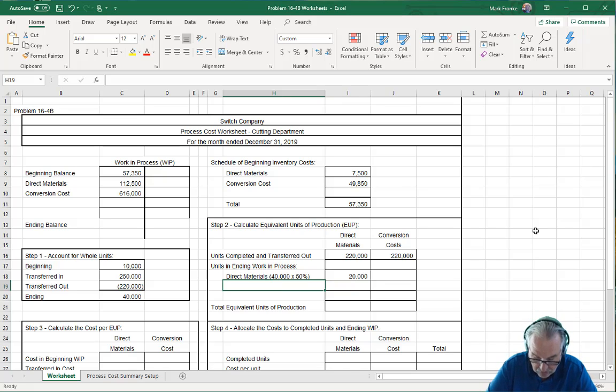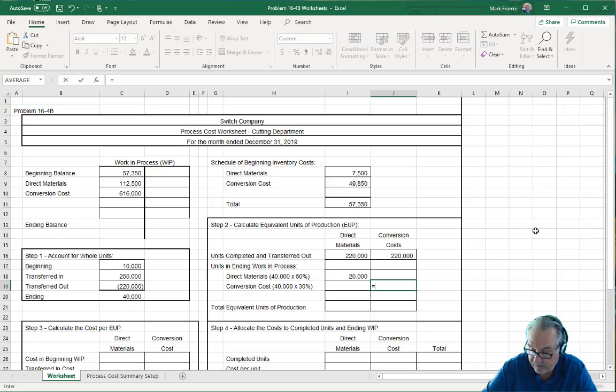With regard to conversion cost, this was 30% complete. So if we take the 40,000 times 0.3, that's the equivalent of making 12,000 units from start to finish.